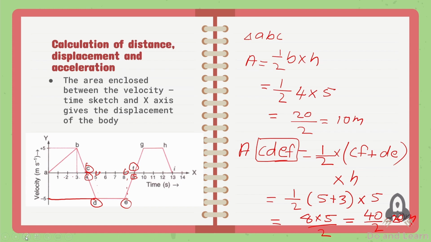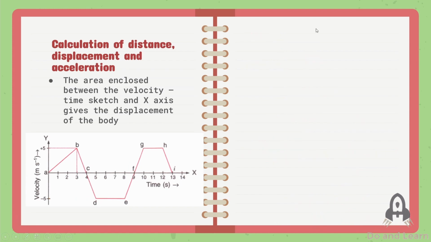Again, we have one more structure. Let us calculate the area of trapezium FGHI, equal to half multiply sum of parallel sides. We have parallel sides GH and FI. That is 13 minus 9, 13 minus 10, how much? 4.